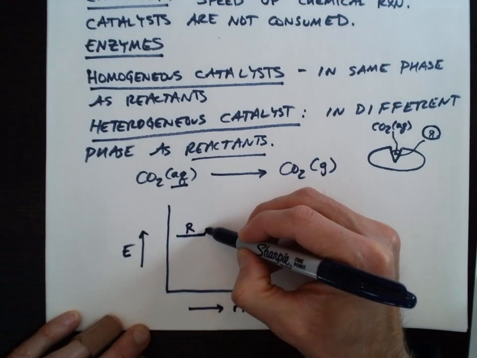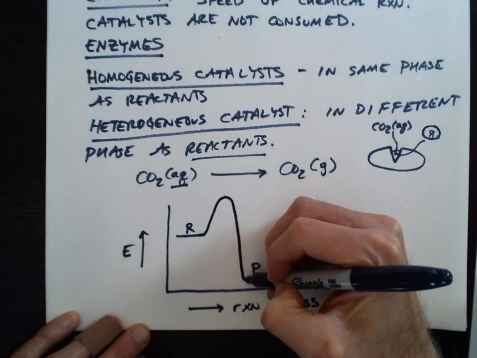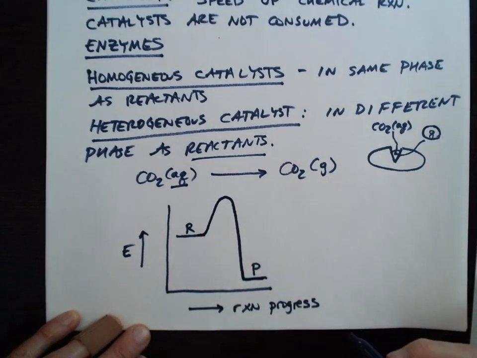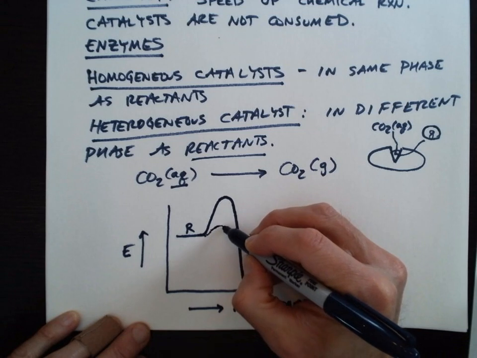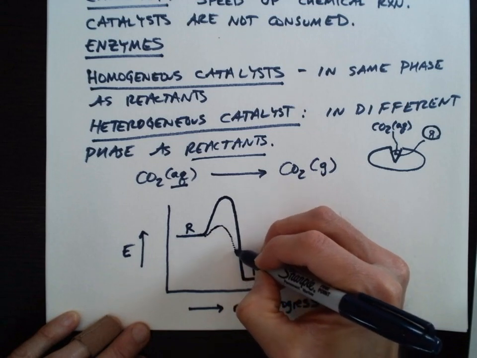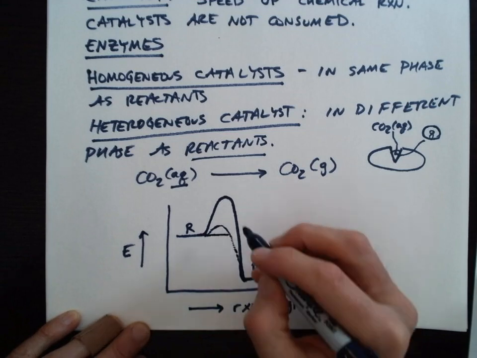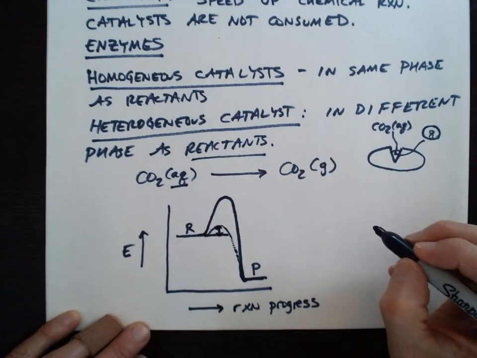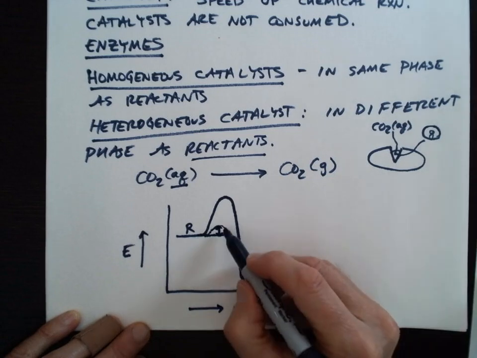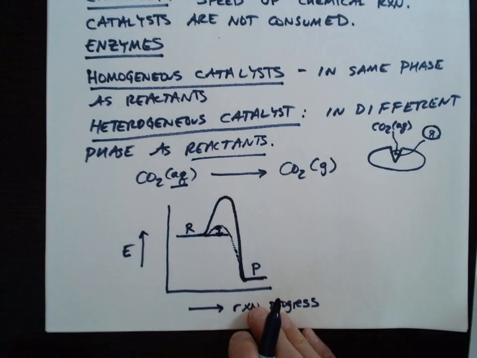We could imagine in the absence of a catalyst, you'd have an activation energy barrier that looks like this, whereas in the presence of a catalyst, that activation energy barrier is going to be much lower. So your activation energy barrier in the presence of a catalyst would be low, and in the absence of the catalyst is going to be high, and this effect causes the reaction to proceed at a much faster rate.